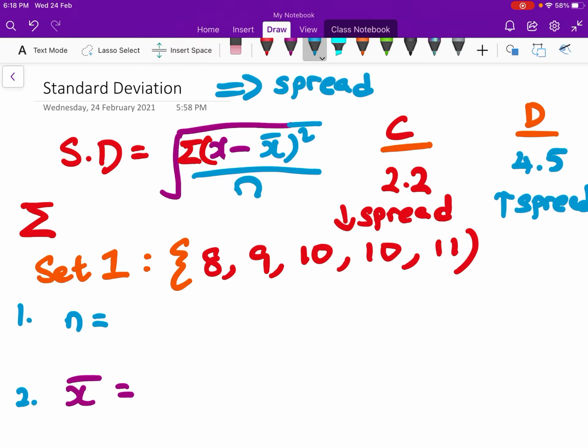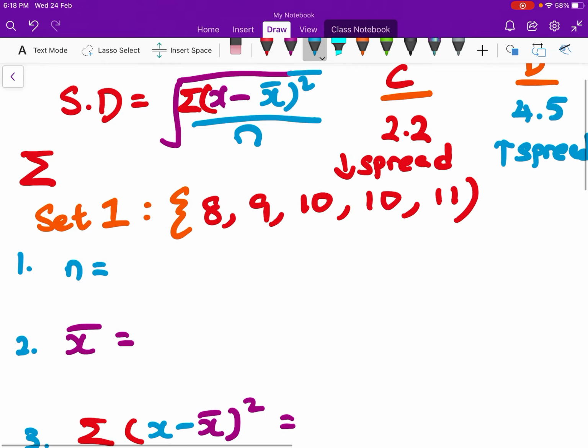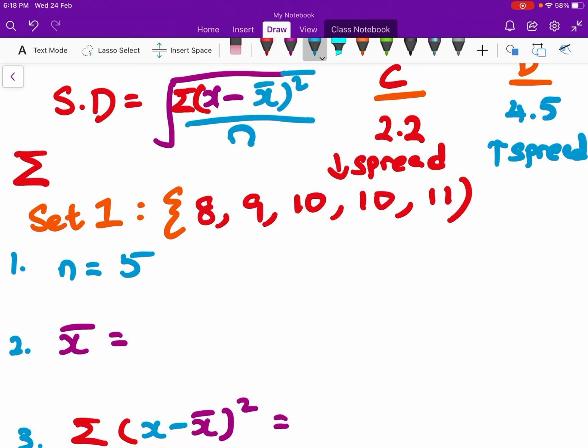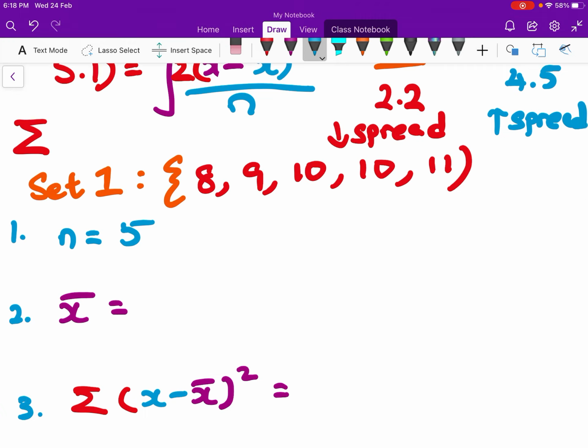In the example of set 1, I have 8, 9, 10, 10, 11. How many data do I have? There will be 5 data. This is the first step you need to understand. Second, I need to calculate the mean. This is quite simple, just lower secondary stuff.